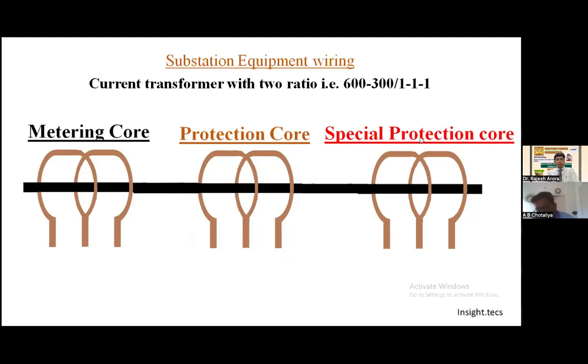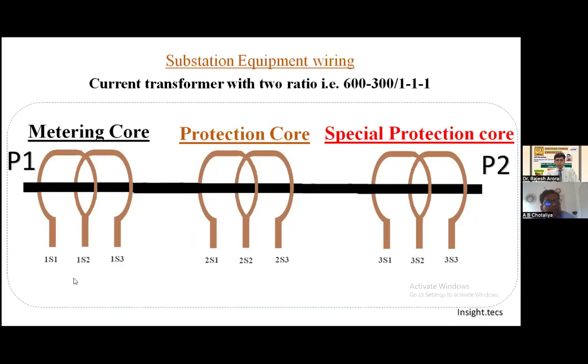Basically, P1 and P2 are the primary contacts of this current transformer, and here 1S1, 1S2, 1S3 are the secondary contacts of our first core. Okay, here it is written that this CT is 600-300 by 1-1-1.